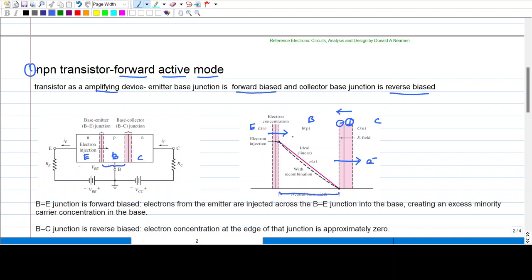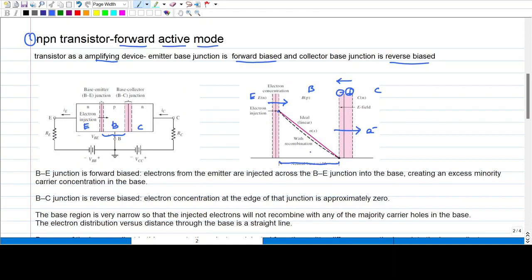The base is normally kept very small so that the electrons injected into the base reach the collector-base junction without any recombination. Because of this strong electric field, whatever electrons reach the junction will be swept across it to reach the collector.